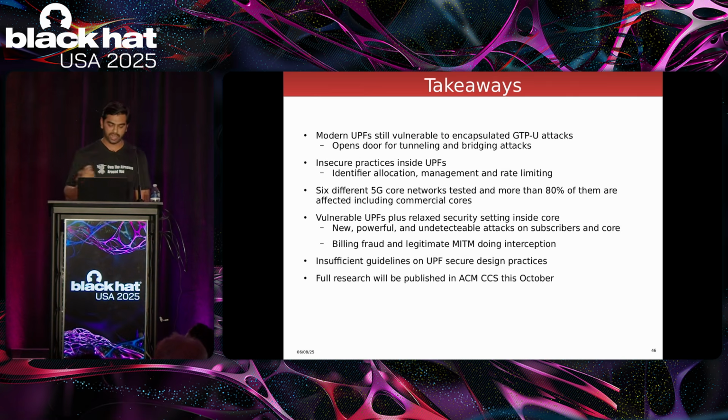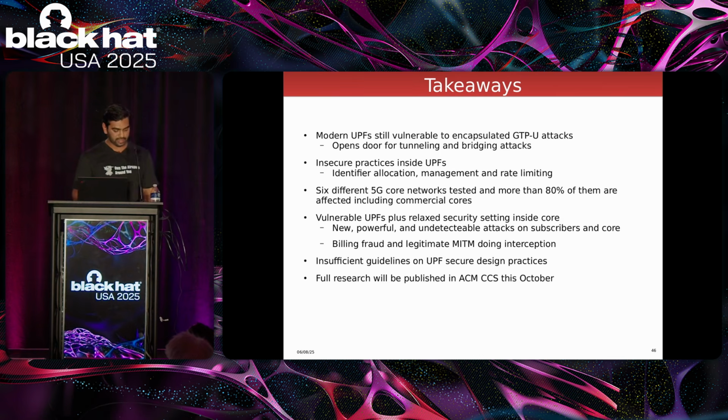Right, some takeaways. Modern UPFs are still vulnerable to encapsulated GTP-U packets, and that opens the door to protocol tunneling and bridging attacks. This has already been recognized by MITRE in their threat modeling. So it's important to investigate and look at how these attacks can be done in their own infrastructure, for example.